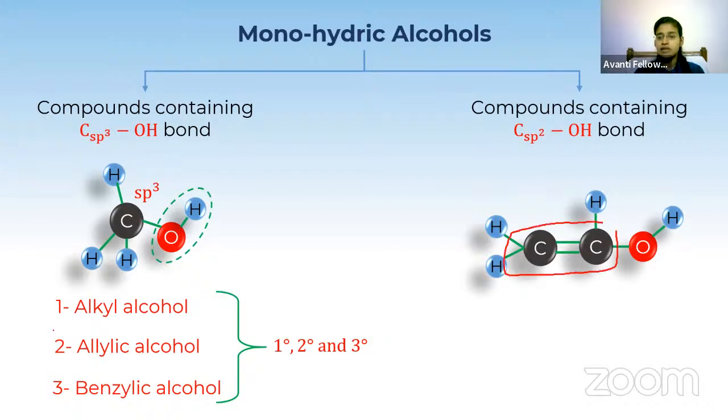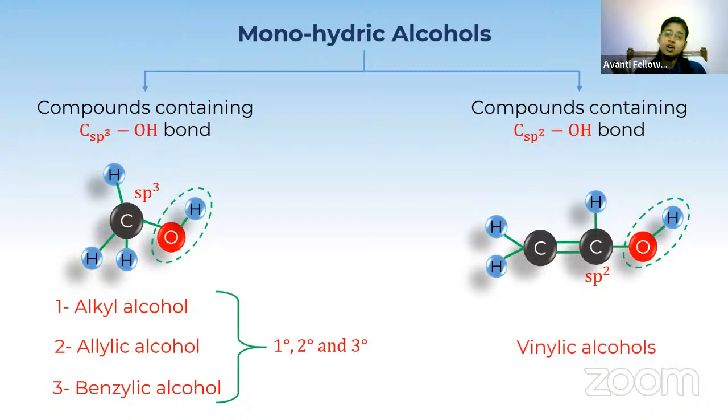The hybridization of the carbon attached to the double bond is sp2, so the OH-attached carbon is sp2 hybridized. This is again classified into vinylic alcohol and arylic alcohol, but arylic alcohol comes under the classification of phenol. So let us take vinylic alone.